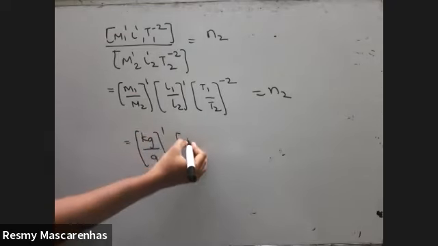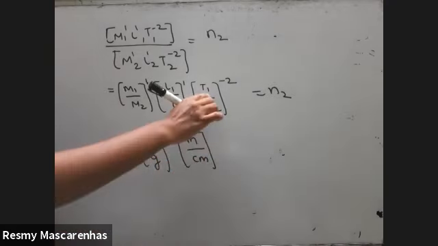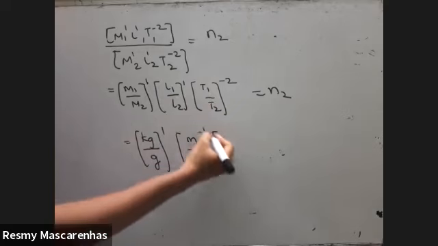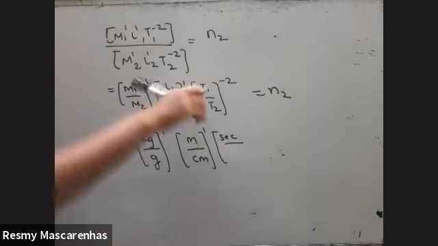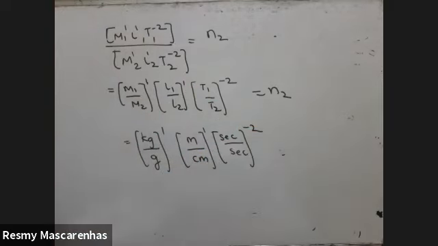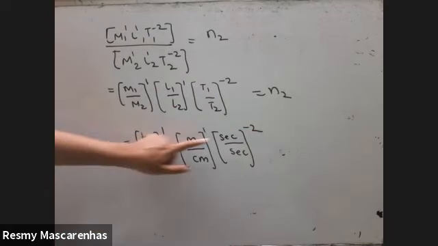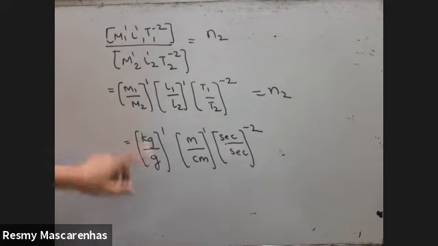For length, this is in meters and this is in centimeters. For time, both are in seconds, so that will not change. In CGS it remains second and in MKS also second. So write the MKS unit for Newton and the CGS unit for dyne. Any doubts till here, you can ask.